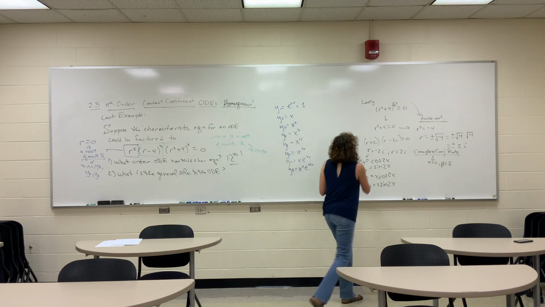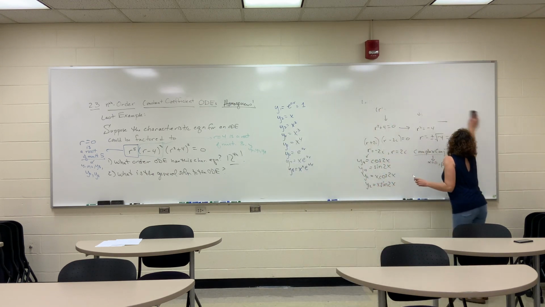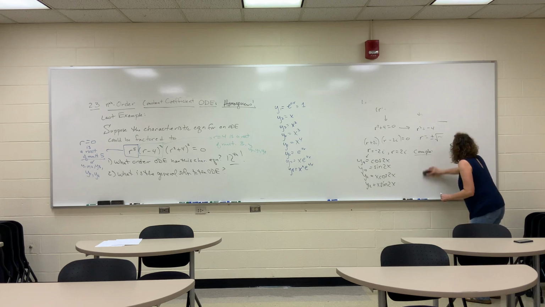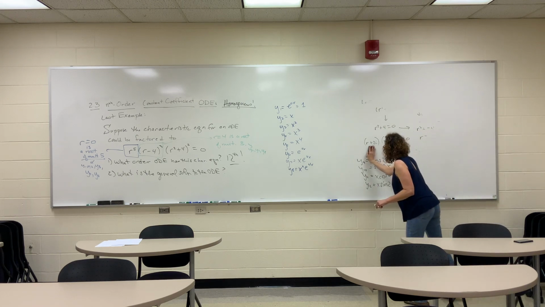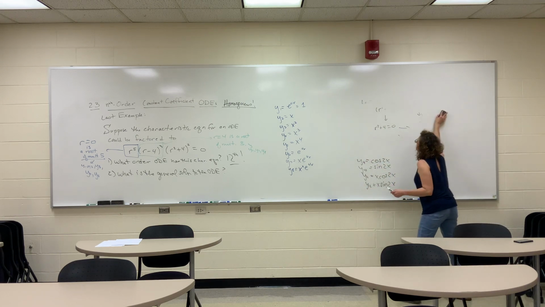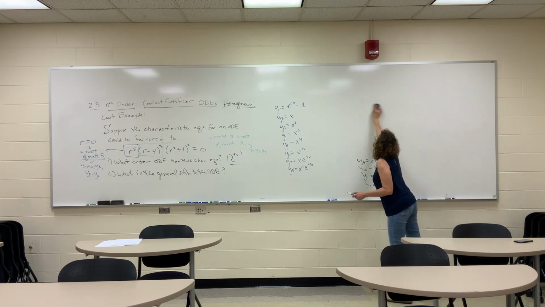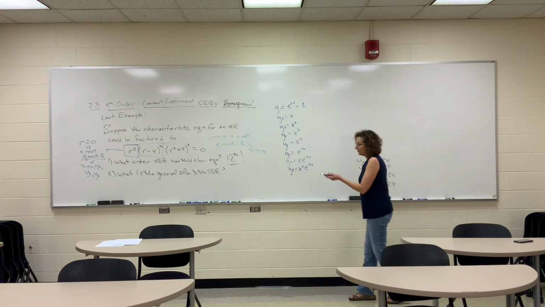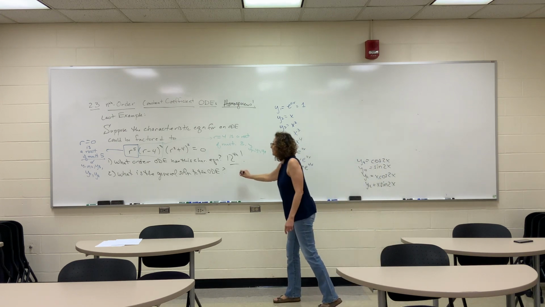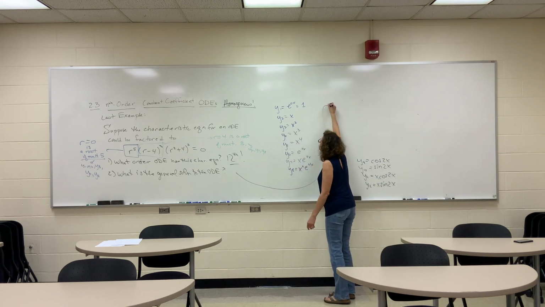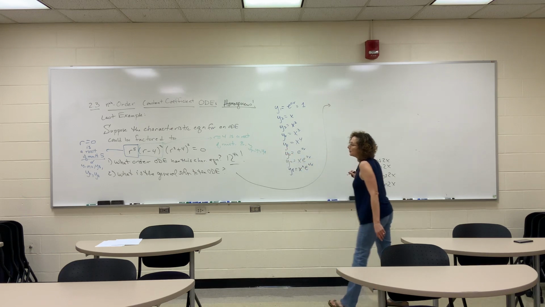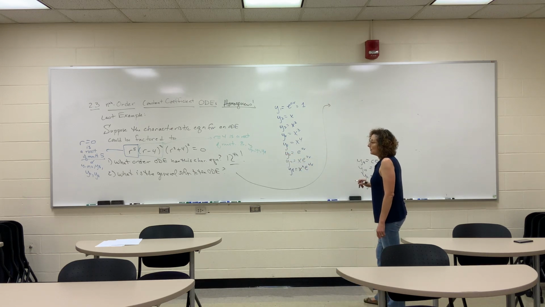And so therefore, it's super important to pay attention to the multiplicity of the root. Let's write down our final solution. What is the general solution of the ODE that has this characteristic equation that can be factored into this form?